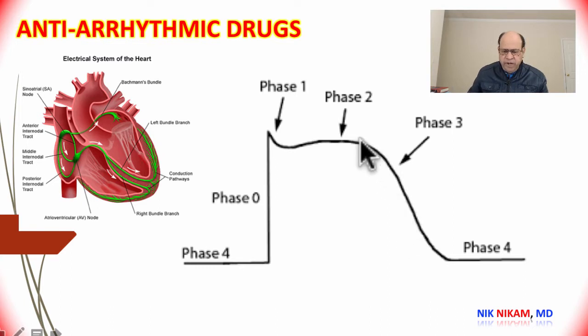That is followed by repolarization of the myocyte, and it reaches phase 4, and with the next triggered impulse the action potential begins again. So this is the mechanism by which each myocardial cell is activated by the electrical impulse coming from the sinus node, the AV node, the bundle branches, and the Purkinje fibers.